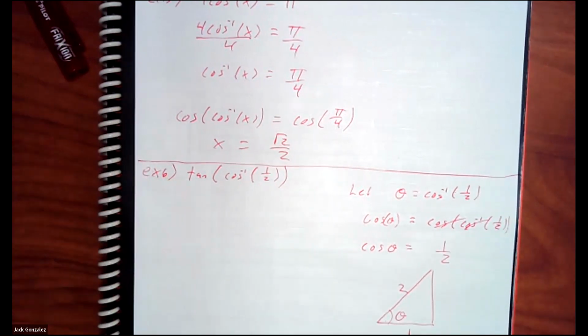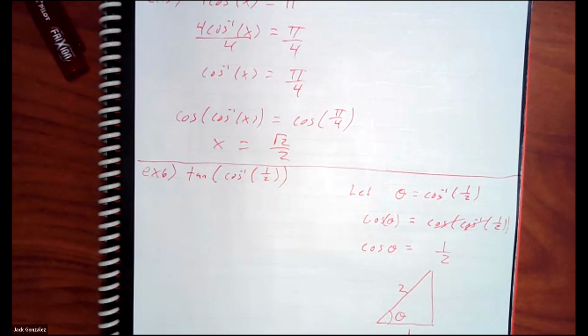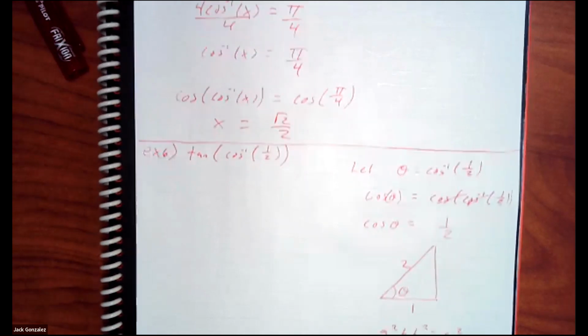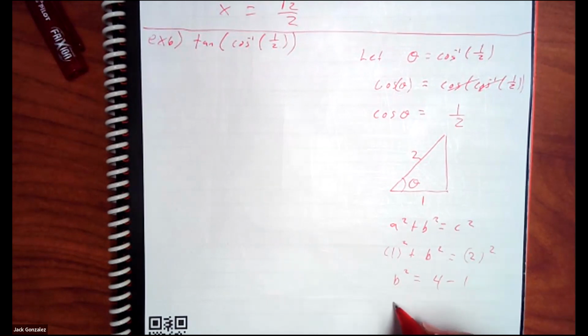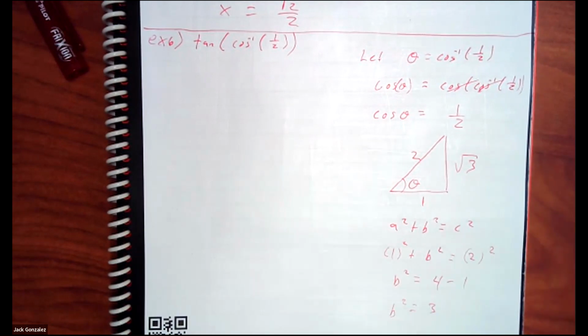So there's my hypotenuse. Solve for the missing side. And you get 1 plus b squared equal to 4, so b squared is equal to 4 minus 1. Just basic Pythagorean theorem stuff you've done before. Here's the steps. So that means that this guy is square root 3.